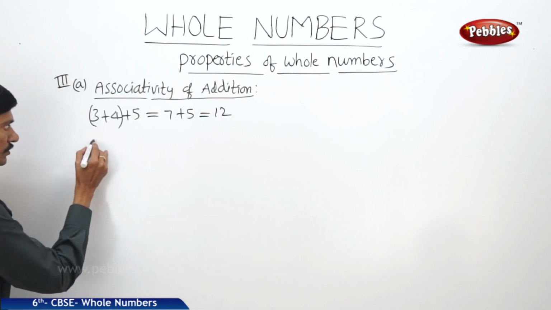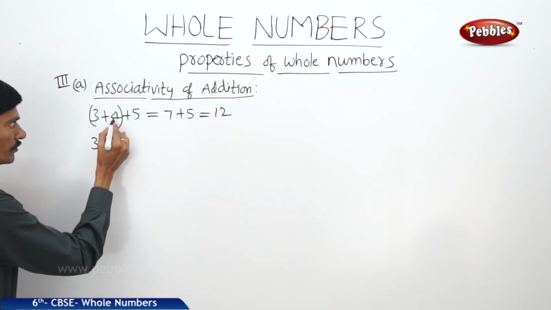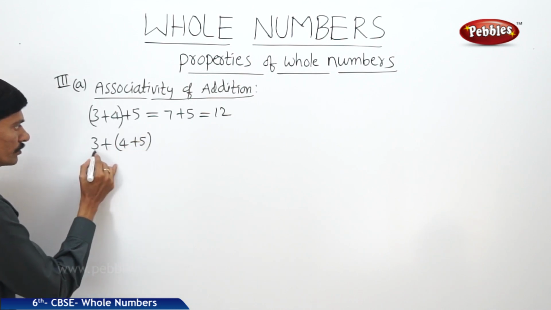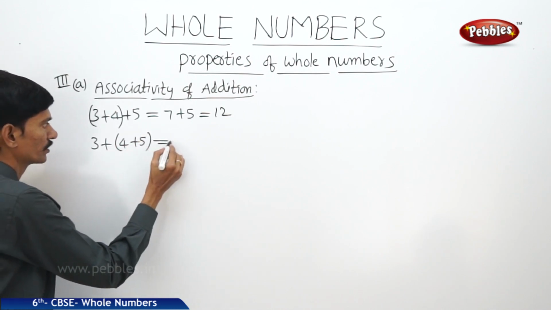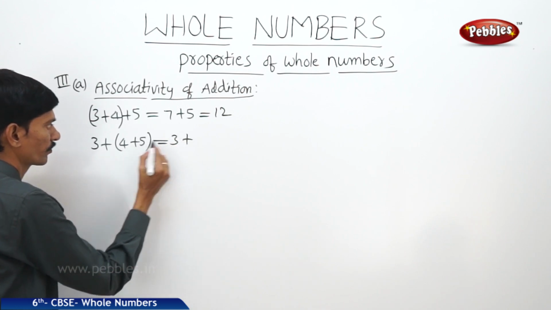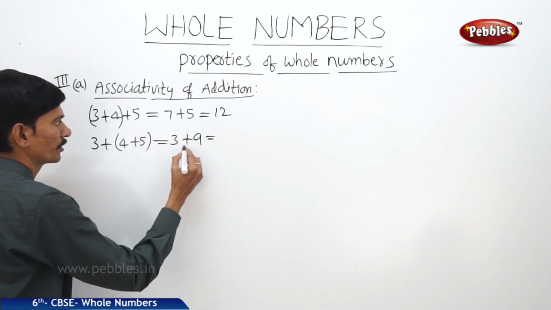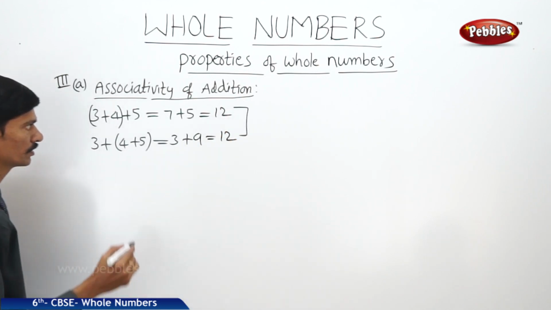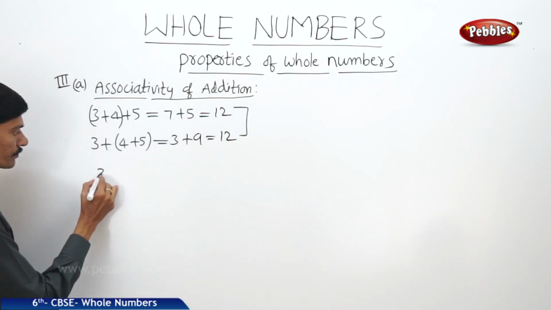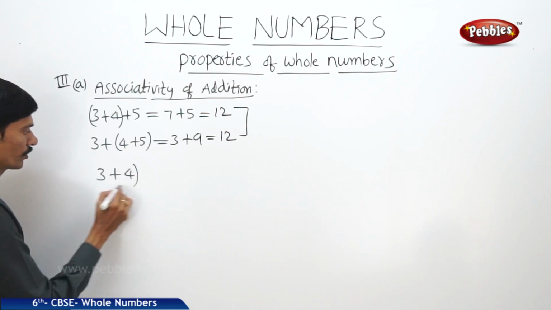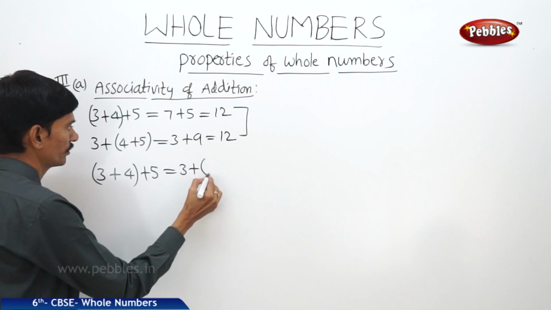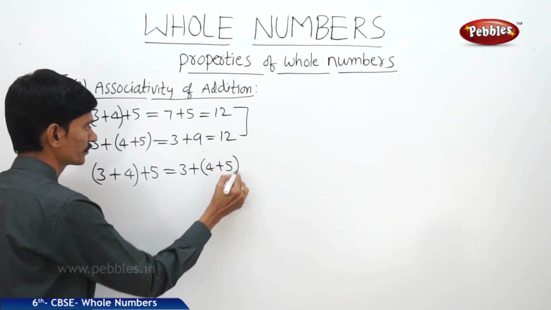And in the second case we group 4 and 5. So 4 plus 5, this sum is added to the first number 3. So 4 plus 5 is 9, then 3 plus 9 is 12. So in both cases we have got the same result. So we can conclude that (3 plus 4) plus 5 equals 3 plus (4 plus 5).